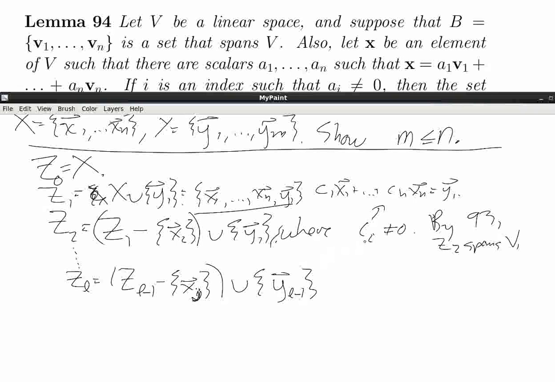And so I can continually do this. And the key thing is, if I have this ZL, I can make Z(L+1) to be ZL minus some x sub k.